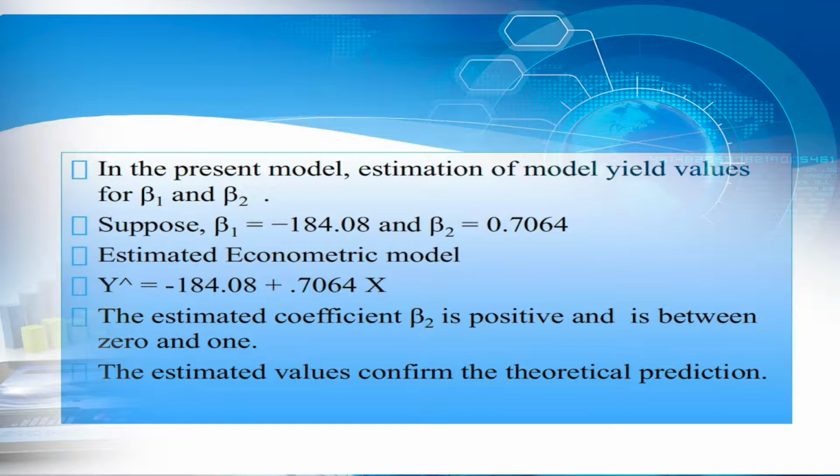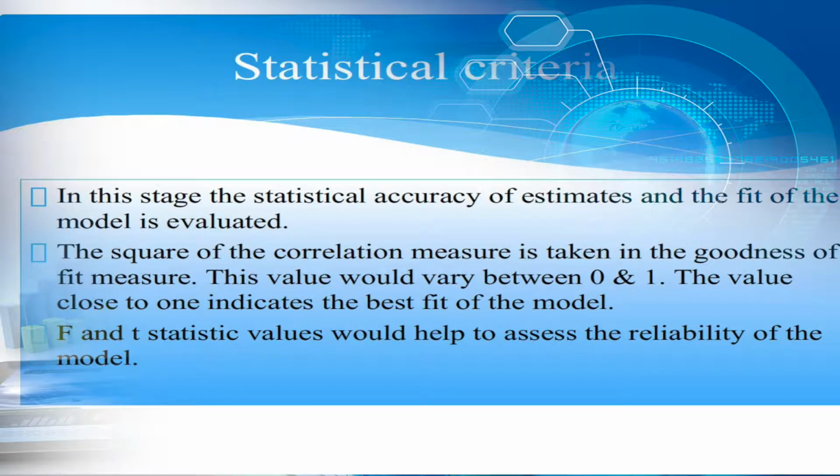The second is the statistical criteria. In this stage, the statistical accuracy of the estimates and fit to the model is evaluated. The square of the correlation measure is taken as the goodness of fit measure.